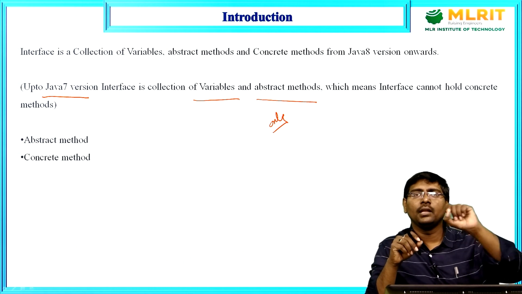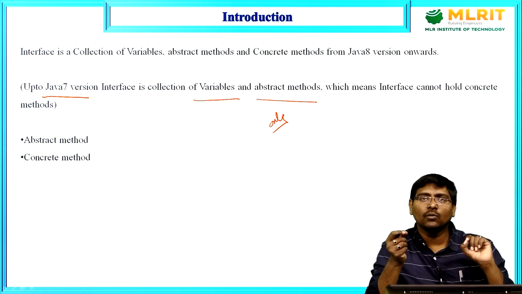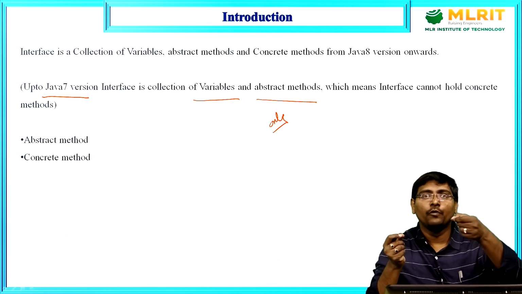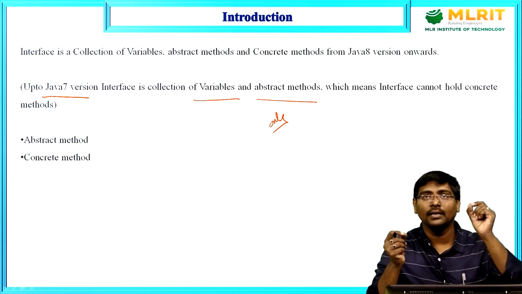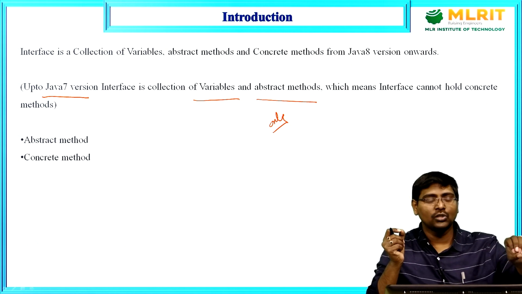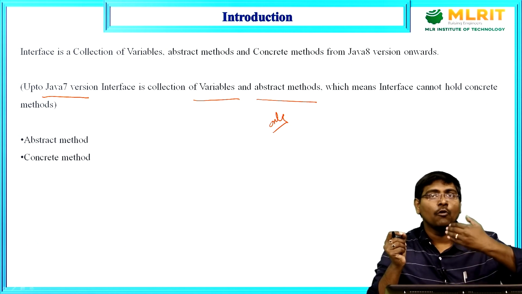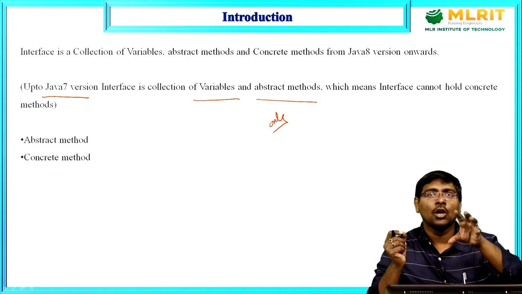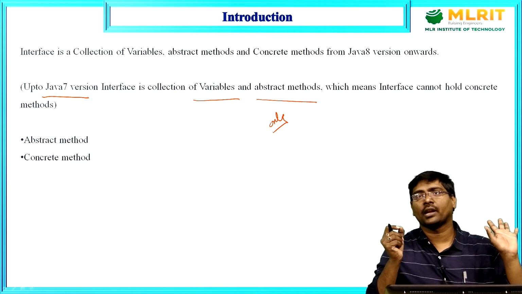You know the meaning of abstract method. What is that? A method without definition is called abstract method. So, up to Java version 7, within the interface, we can write only abstract methods.